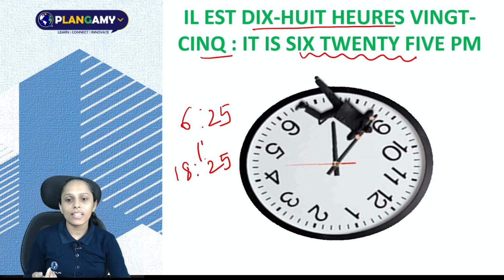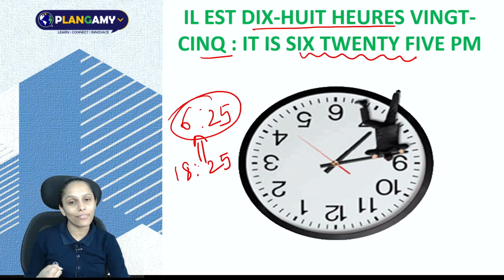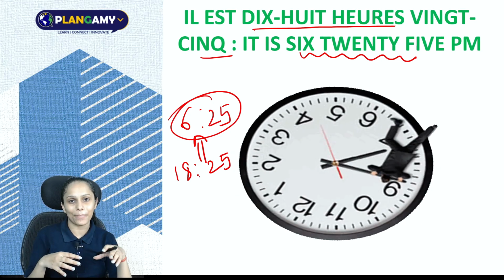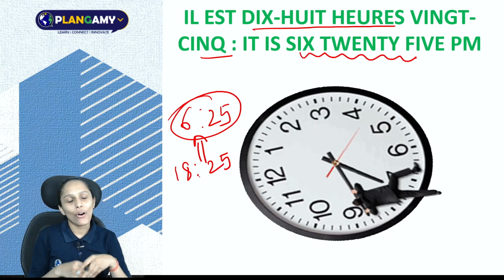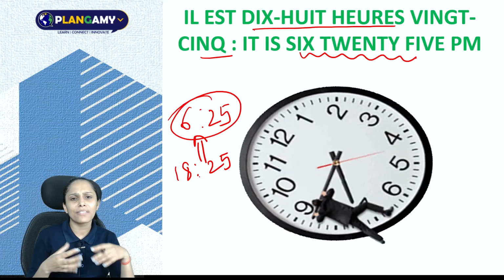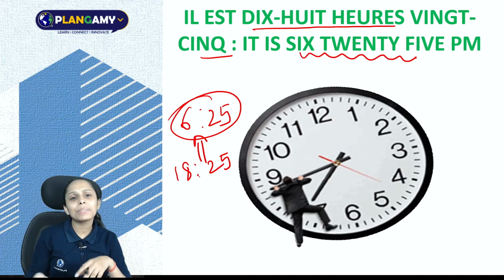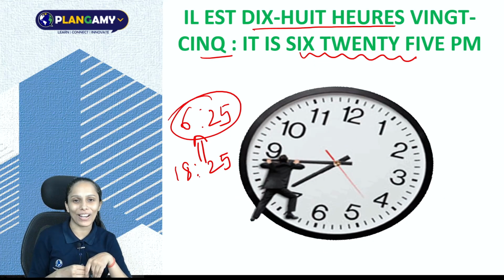So 18 is basically our 6:25 in the evening. I hope that this concept about time, like how to say 2 o'clock or 13 o'clock or 14 o'clock or 14:10 or 14:50, etc., is a bit clear to you. So in part 2, we will learn how to say half past and so on.